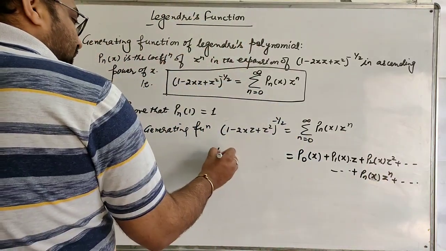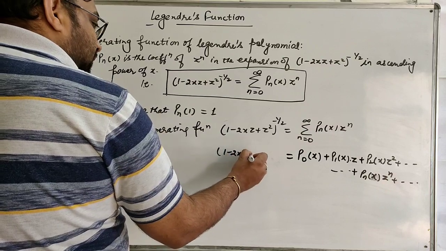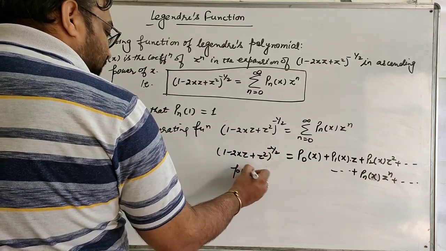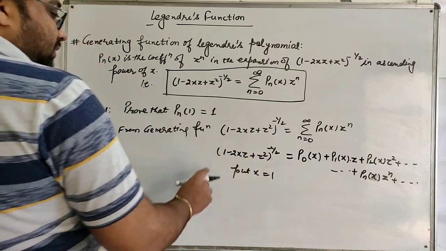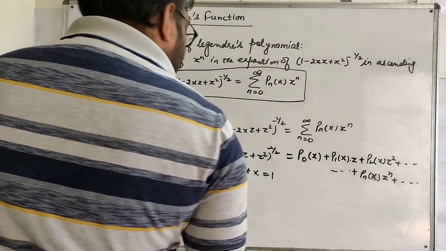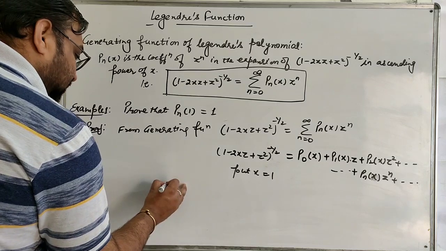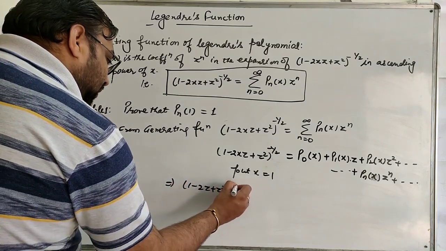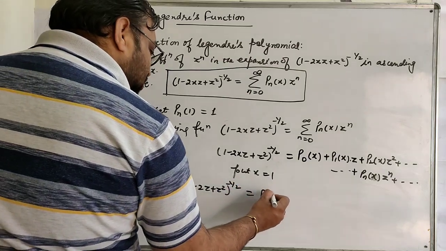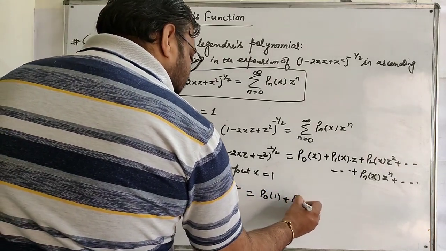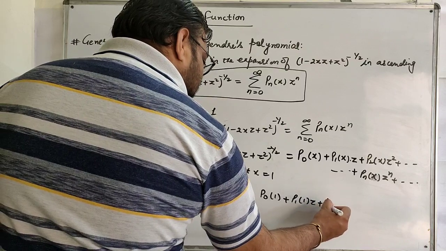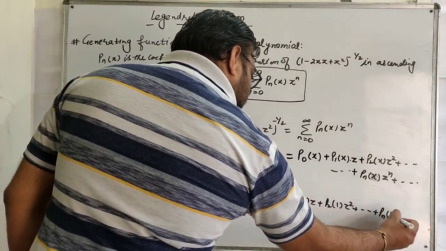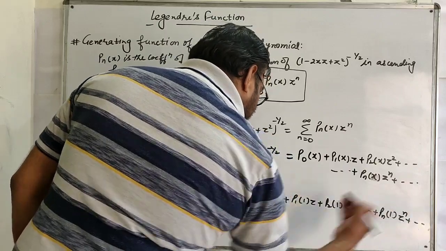Now we are finding the value of Pn(1), that is, if we put x equals 1, then we get (1 minus 2z plus z square) power minus 1 by 2 is equal to P0(1) plus P1(1) z plus P2(1) z square, Pn(1) z raised to power n and so on.